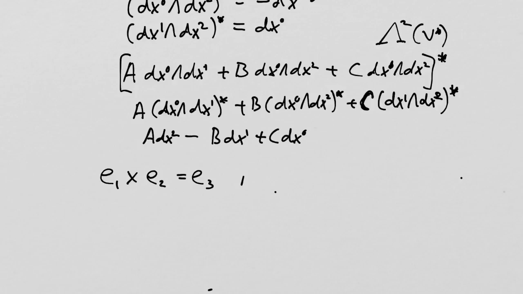And we know that E1 cross E3, X into Z, gives you minus Y, so that should be minus E2. And E2 cross E3, Y into Z, gives you E1. And so this cross product actually mimics this Hodge duality, which is interesting.